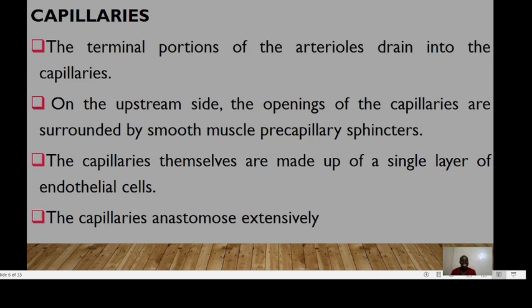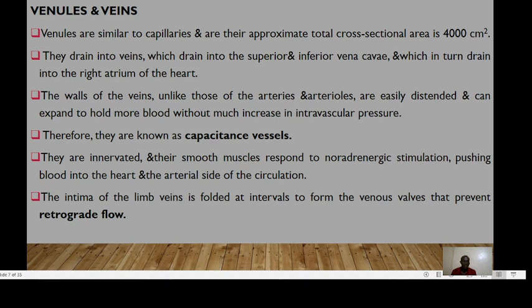The capillaries anastomose extensively, with a total cross-sectional area of about 4,000 square centimeters. They drain into veins, which drain into the superior and inferior vena cava, which in turn drain into the right atrium of the heart before the blood is taken back to the lungs for oxygenation.